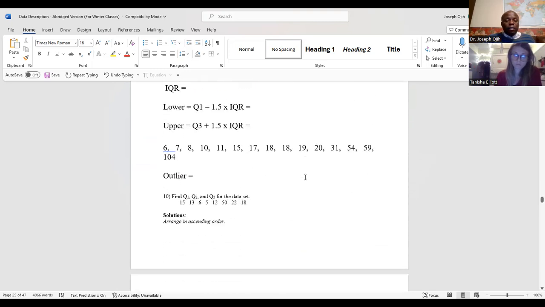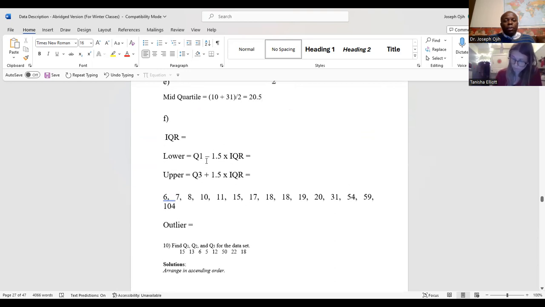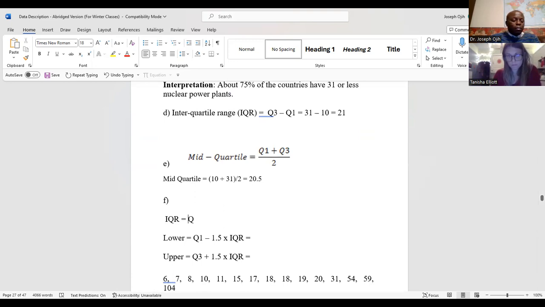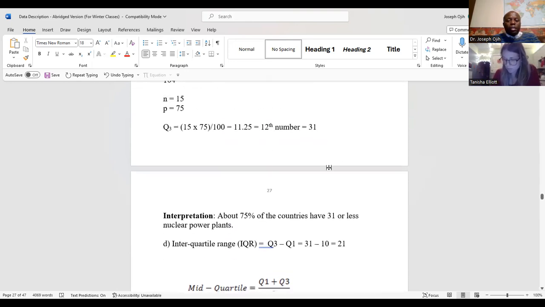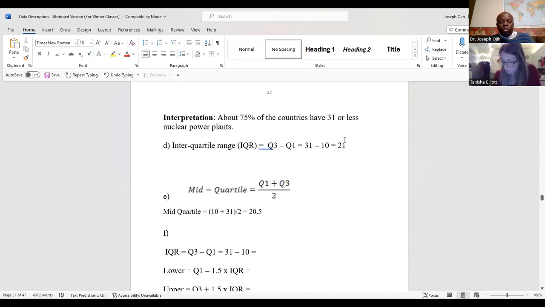To find the lower bound, we use this formula: Q1 minus 1.5 times IQR. Remember that our IQR is Q3 minus Q1, where Q3 is 31, which we got before, and Q1 is 10. You can see right here, we got it, which is 21.